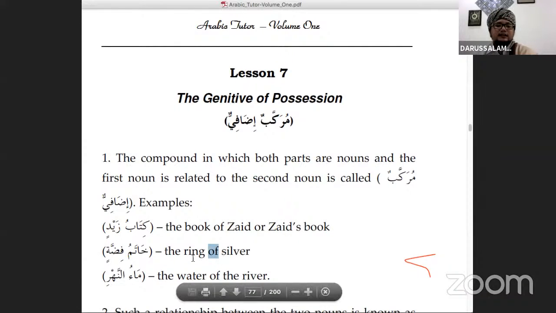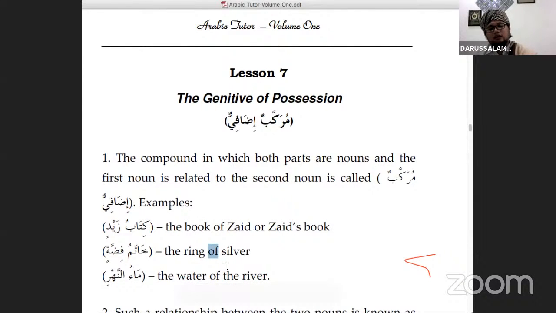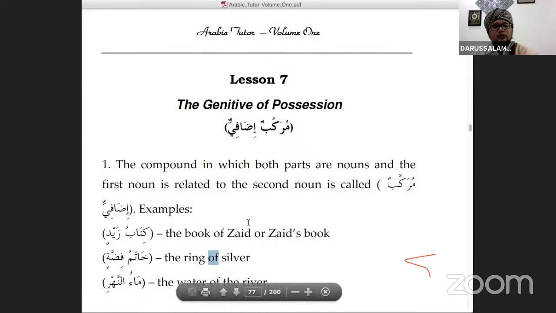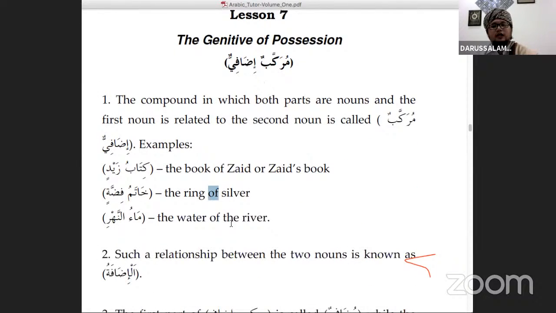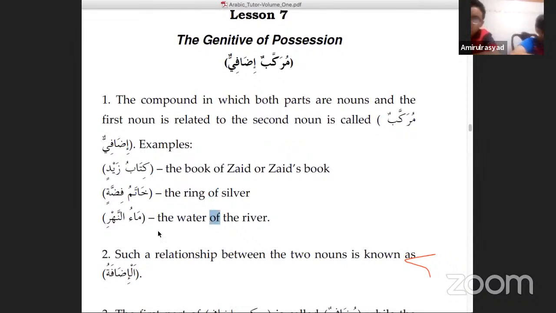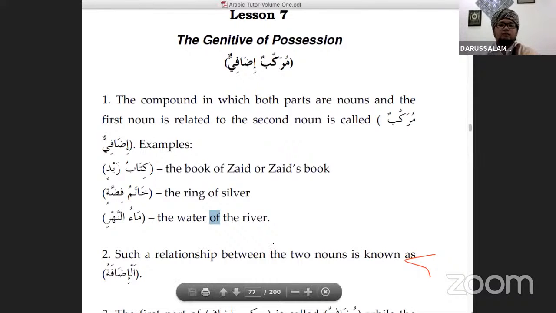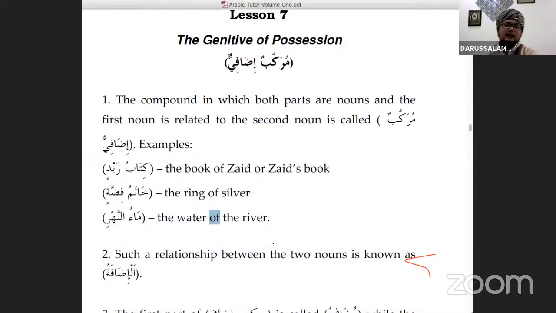So they translate as the ring of silver. Ma'un nahri. What's ma'? Water. Anar means river, the river. So you say the water of the river, like that.